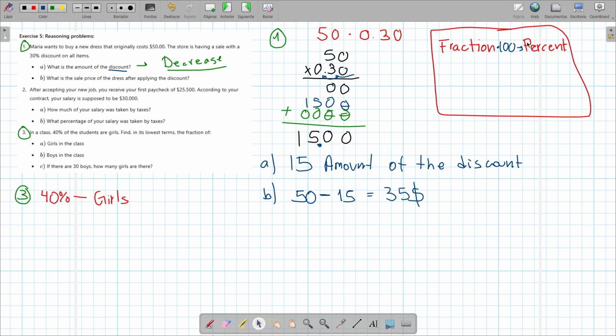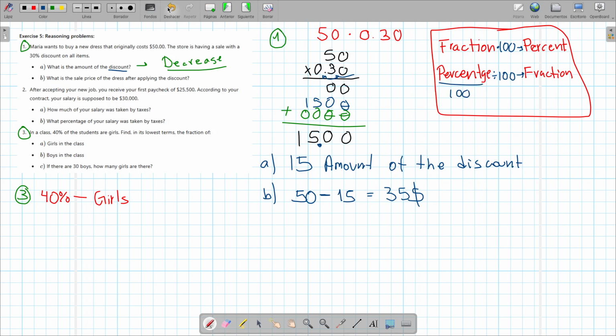But when we are doing the opposite, when we are transforming the percentage to a fraction, we are dividing by 100, okay? Dividing. We are doing a division right here, okay?